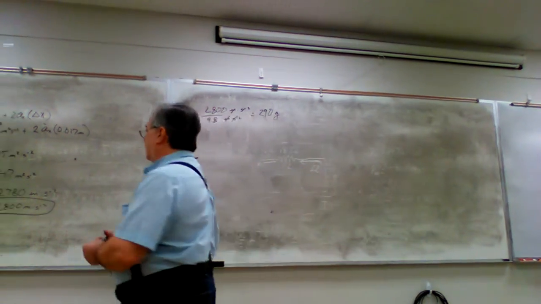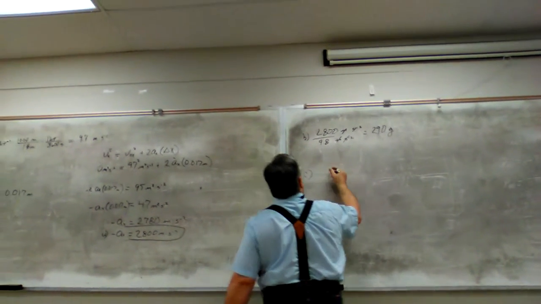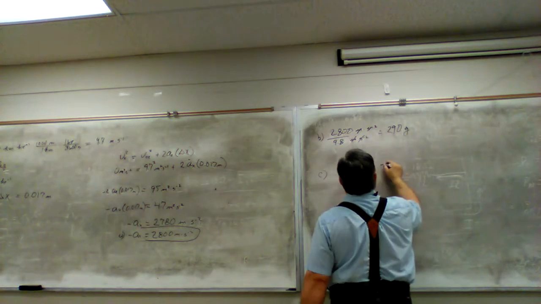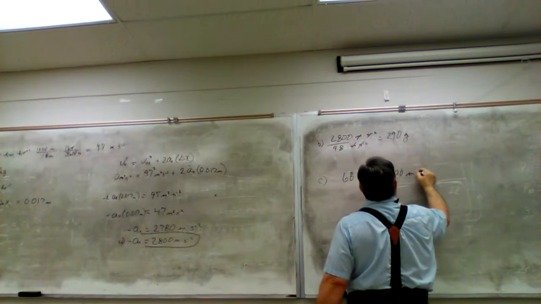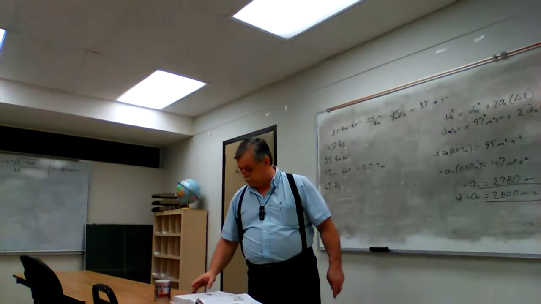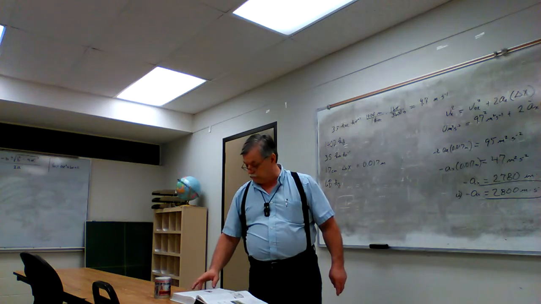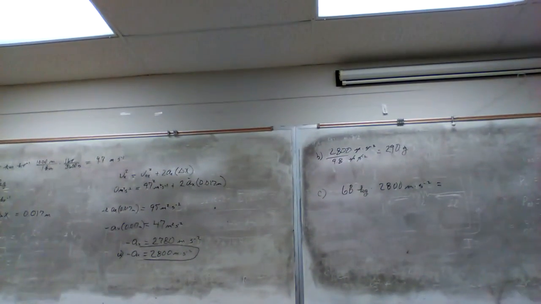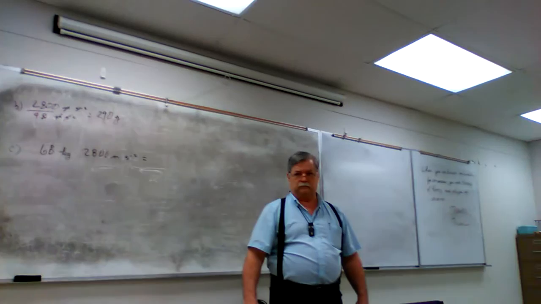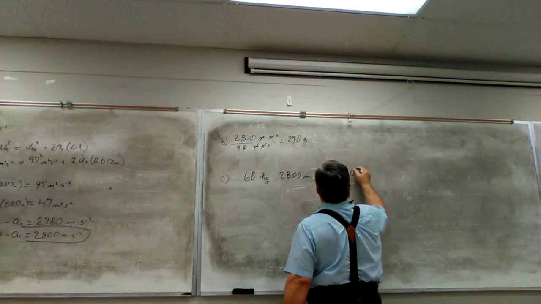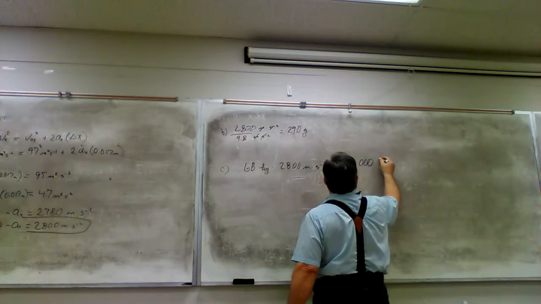Force equals mass times acceleration. 68 kilograms times 2,800 meters per second squared equals, who's got an answer? 190,400, or to two significant digits, 190,000 newtons.